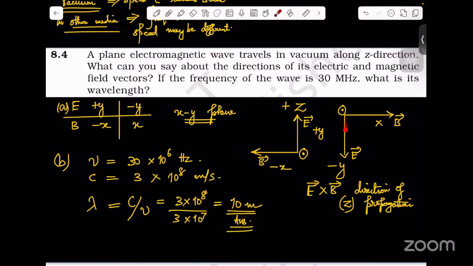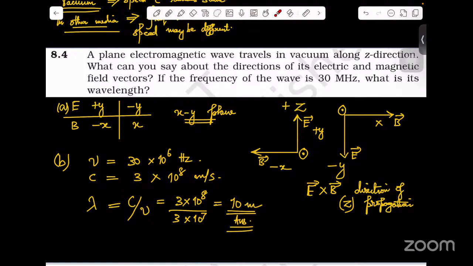And if E was along minus y and B was along plus x, then it could also be along your positive z direction. So these two cases, E plus y, B minus x, and E minus y, B plus x. Both E and B waves should be in the xy plane.